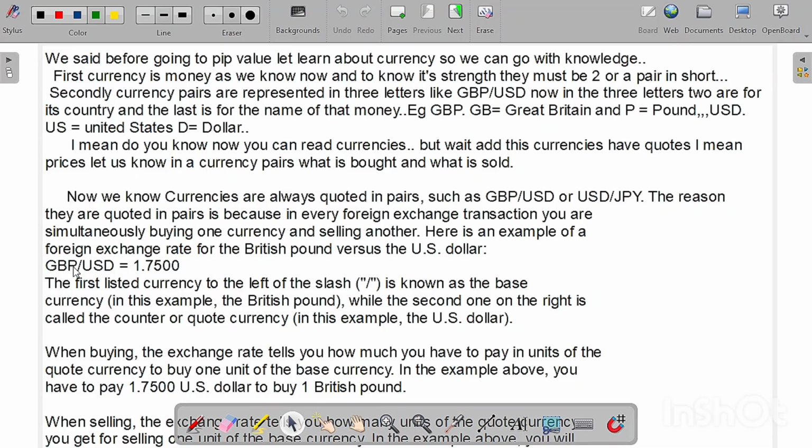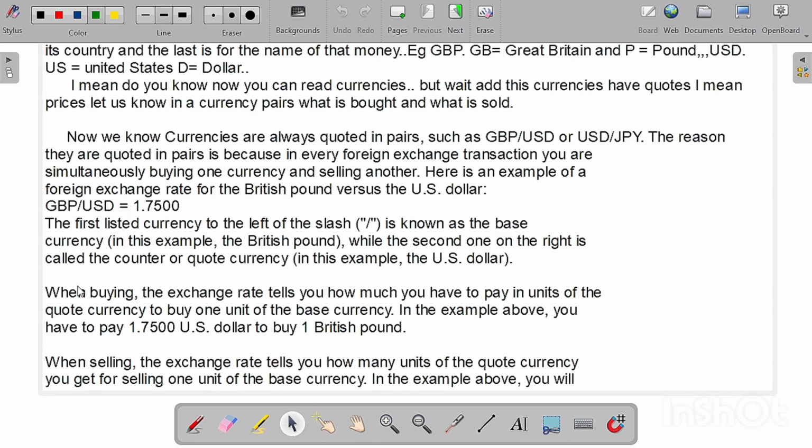In this example, Great Britain is the base currency. The second one on the right is called the counter or quote currency, for example the US dollar. So, base currency and quote currency, on either side of the slash.